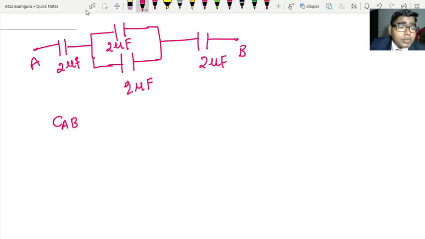I have told you many times that whenever you have to solve questions and calculate the equivalent capacitance between any two points, you should follow some steps.